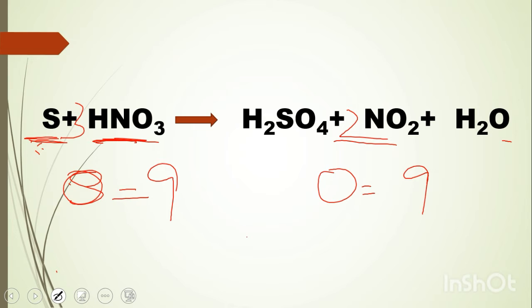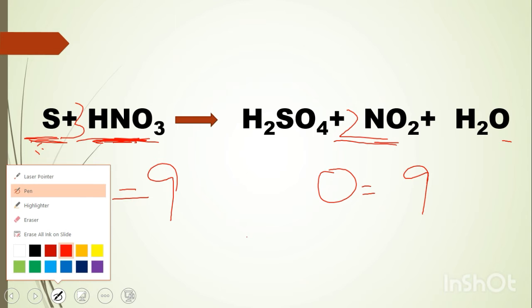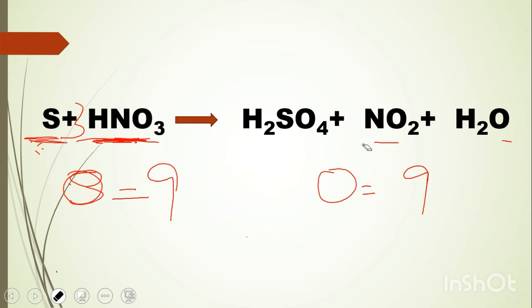The non-metal here is again unbalanced. The sulfur is balanced, but the nitrogen is not balanced. So we multiply on the product side with 3.